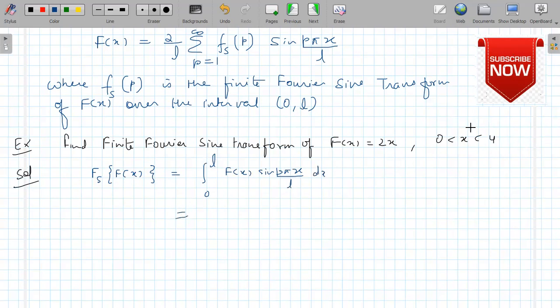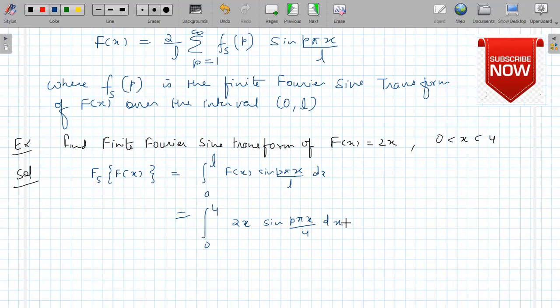When you compare this interval from 0 to L, the value of L will be 4 and the value of f(x) is 2x, so we get the integral of 2x sin(pπx/4) dx.